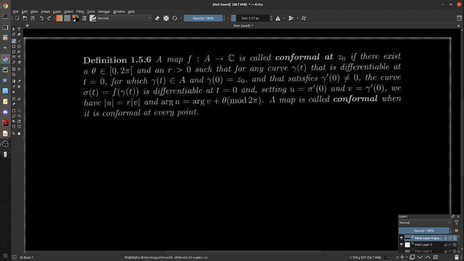And if you set u equal to sigma prime of 0 and v equal to gamma prime of 0, then u and v are the same in modulus up to that factor of r, and the arguments are the same up to that theta there, right? Arg u is arg v plus theta mod 2 pi.